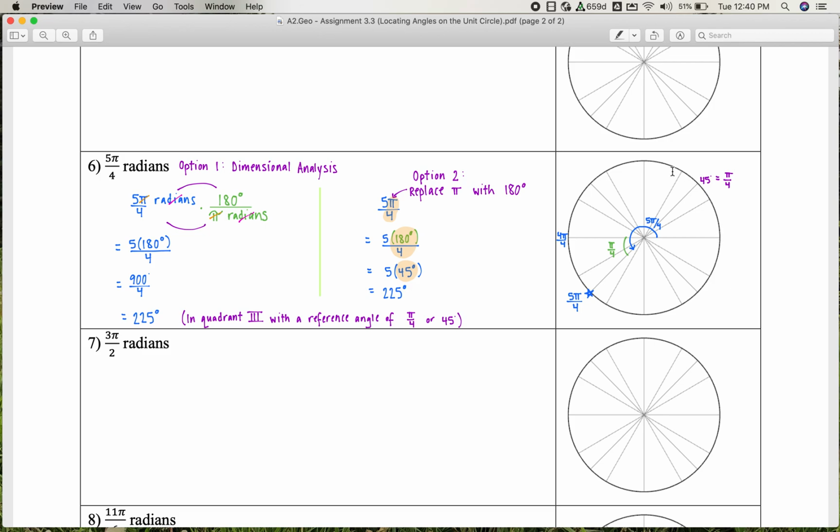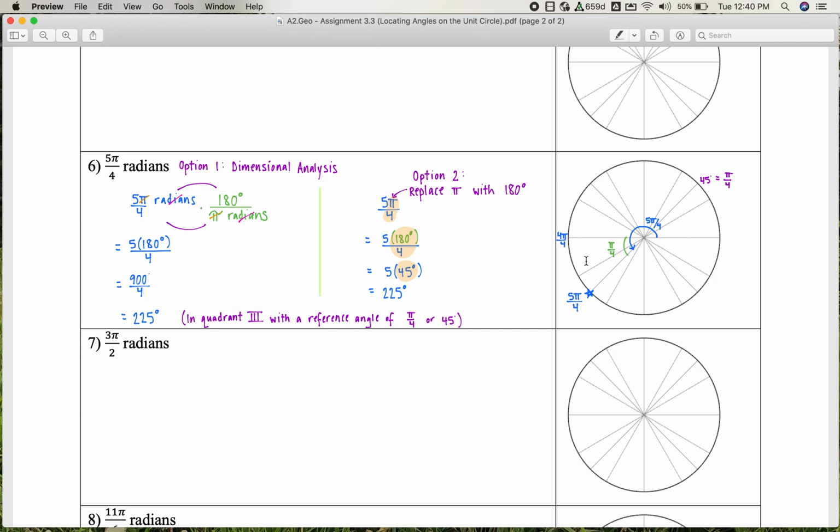If I think about how halfway around the circle is pi, why not write that using a denominator of 4? Instead of writing pi, I'm going to think of it as 4 pi over 4, because the 4's would cancel and that really is pi. 4 pi over 4 is halfway around the circle. 5 pi over 4 is even bigger than that, so I need to go farther than 4 pi over 4.